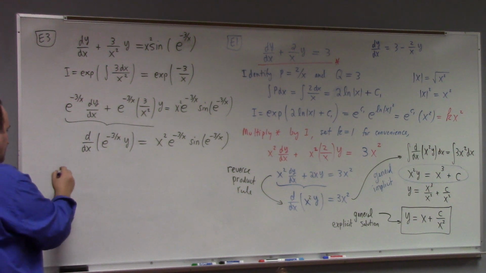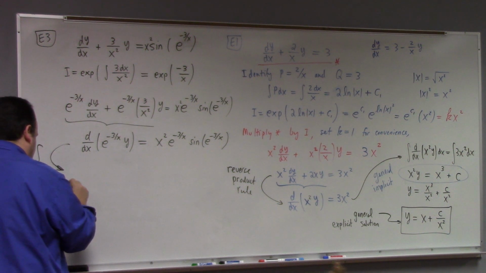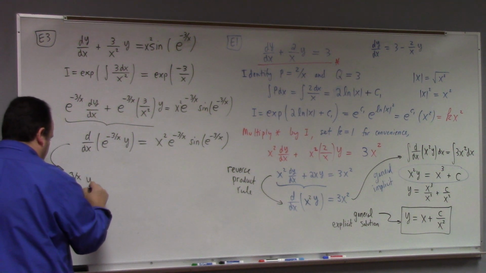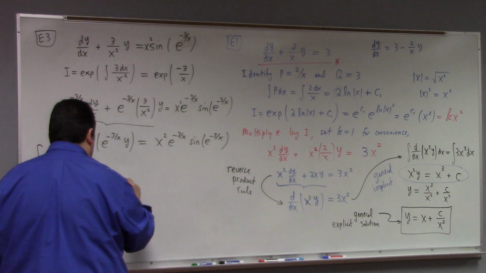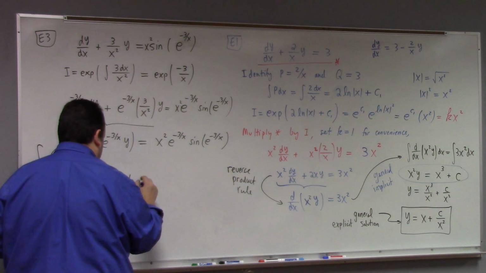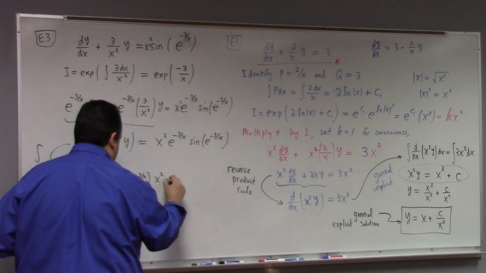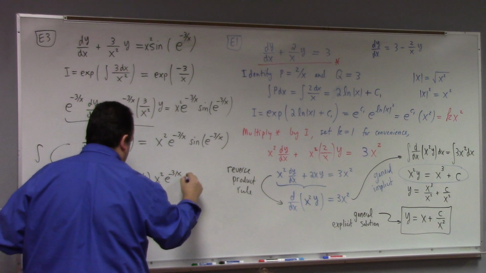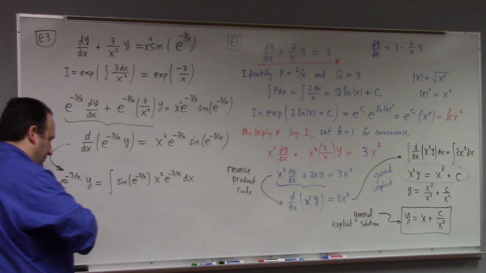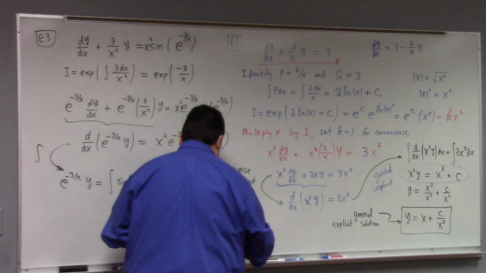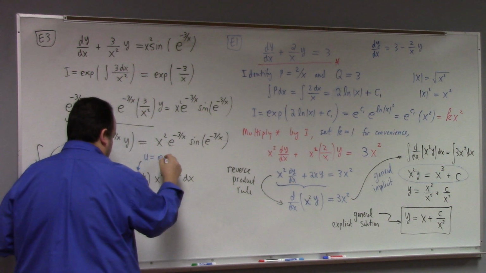We have e to the minus 3 over x times y equals the integral of the sine of e to the minus 3 over x times x squared e to the minus 3 over x dx. If I've done this right, we'll be able to do it with a u substitution, but I'm not overly confident at the moment. Let's try it out. u equals e to the minus 3 over x.